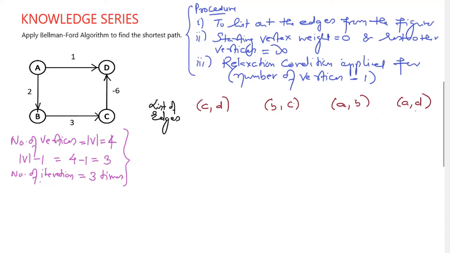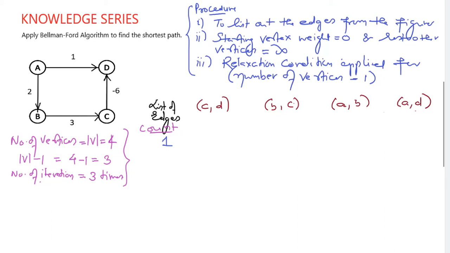Now we are also keeping the count, because the number of iterations is equal to 3. So based on this count, let us start with 1. We start with the first count. Now we consider CD. We have to consider all the vertices, so let us create all the vertices.